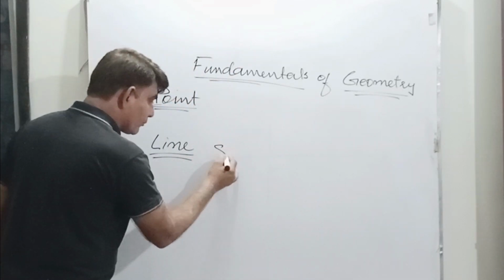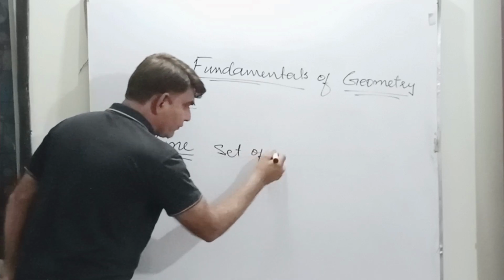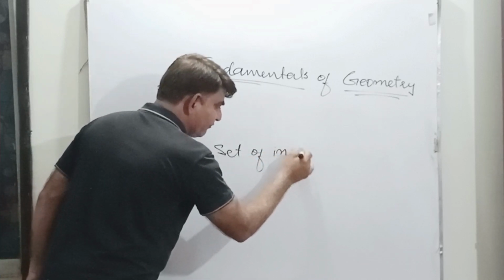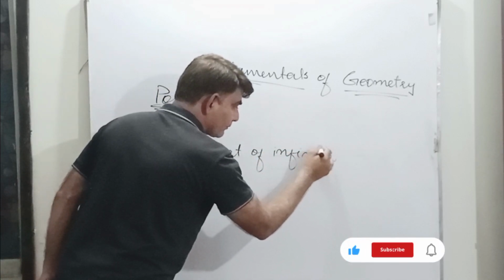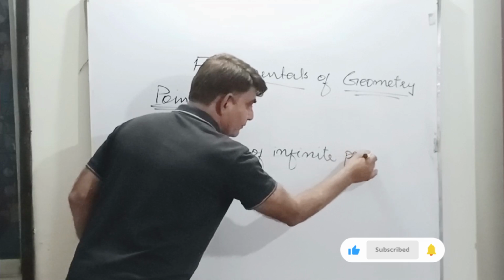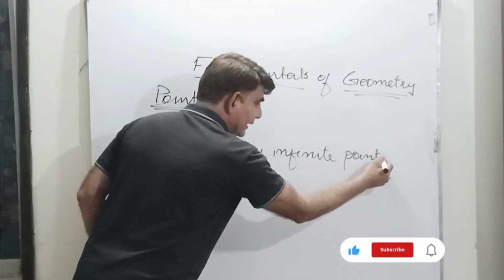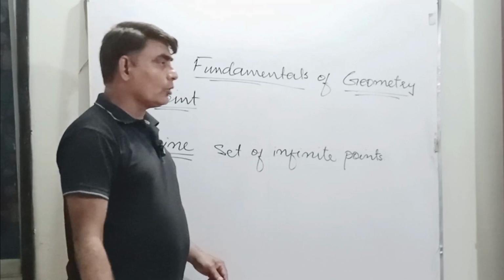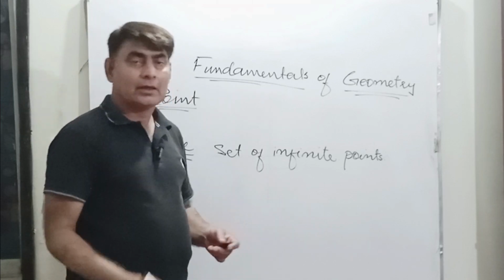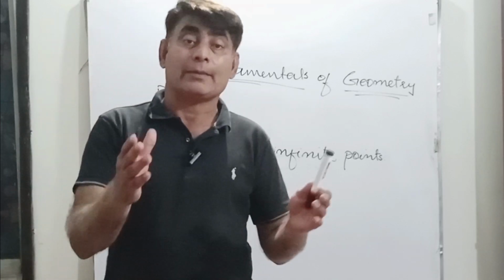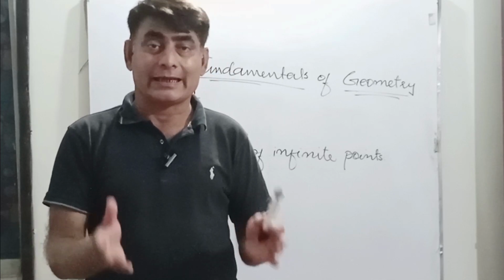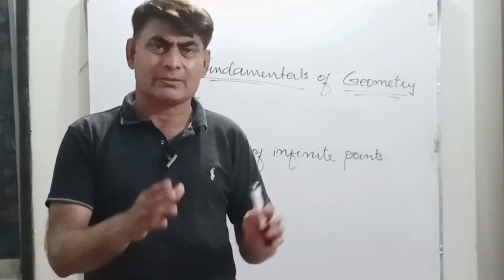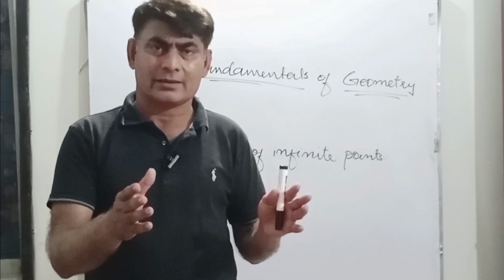So a line is a set of infinite points. This is a line. A set of infinite points in one dimension. One can say on the same plane, coplanar.